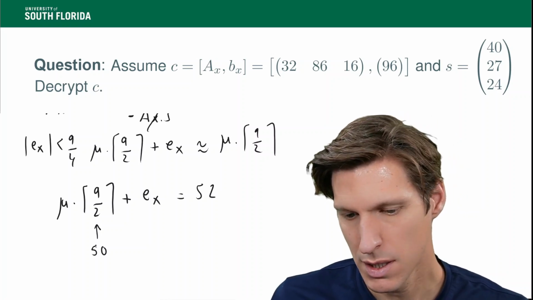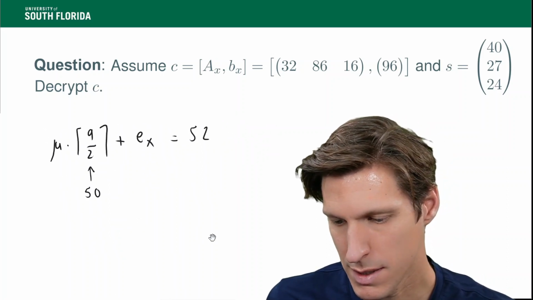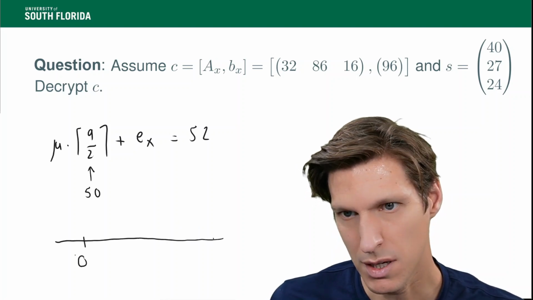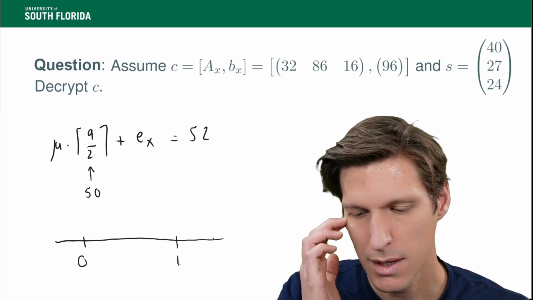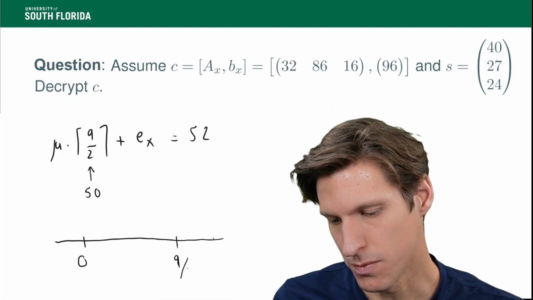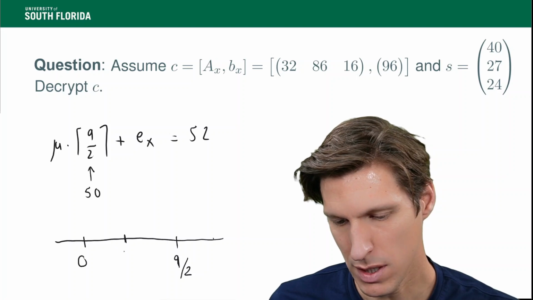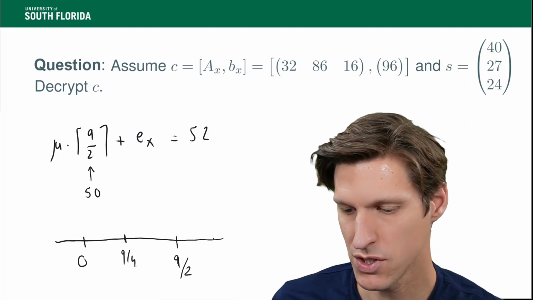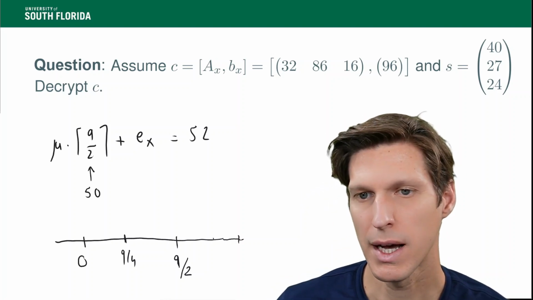So clearly, if I draw a line, I have the possibility of having a 0 or a 1. And if it's a 1, then I'm getting Q over 2. So anywhere between Q over 4 and Q over 2 is considered to be a 1. And then you can also have the error acting positively, right?